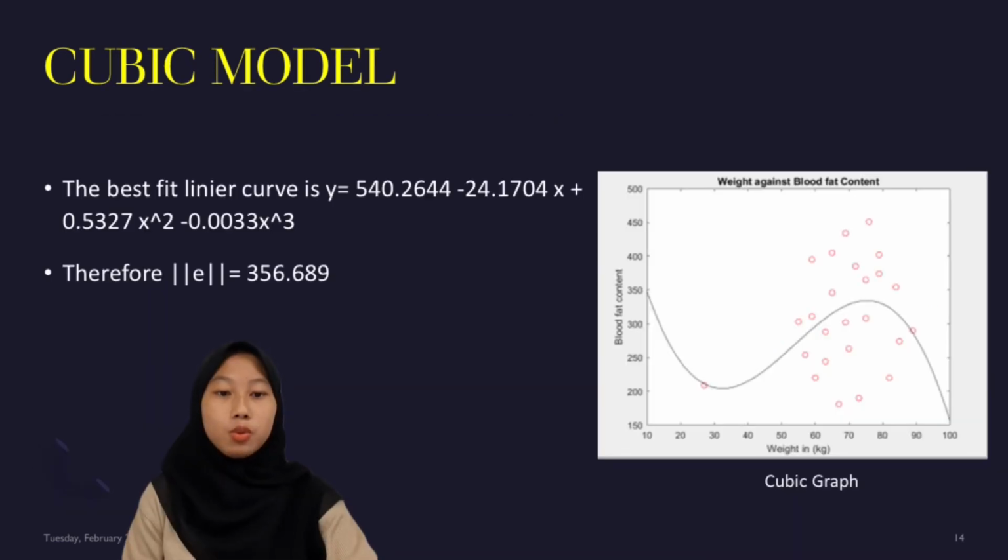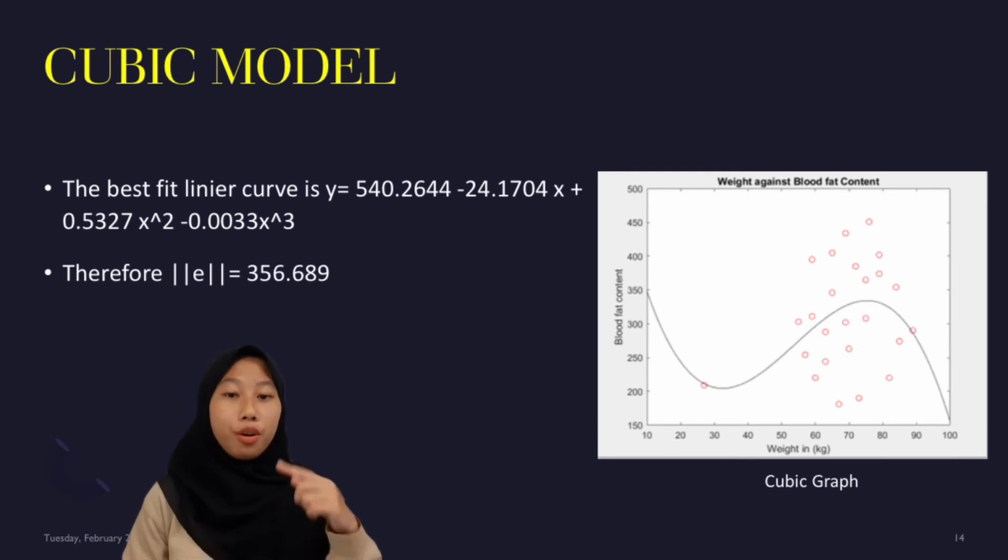After this we get the error vector, as stated earlier, E equal to Y minus MV1. Then we get the best fit curve, which is Y equal to 540.2644 minus 24.1704x plus 0.5327x power of 2 minus 0.0033x power of 3.